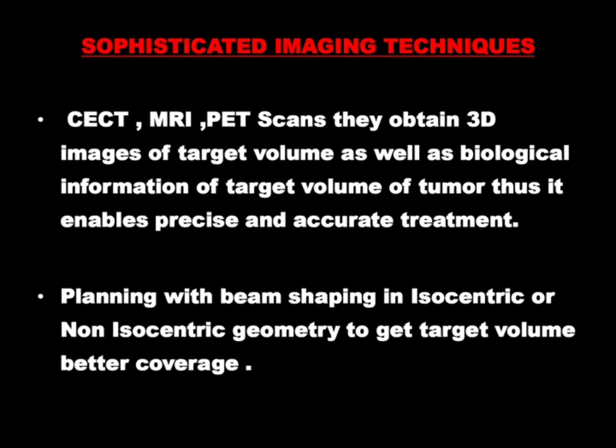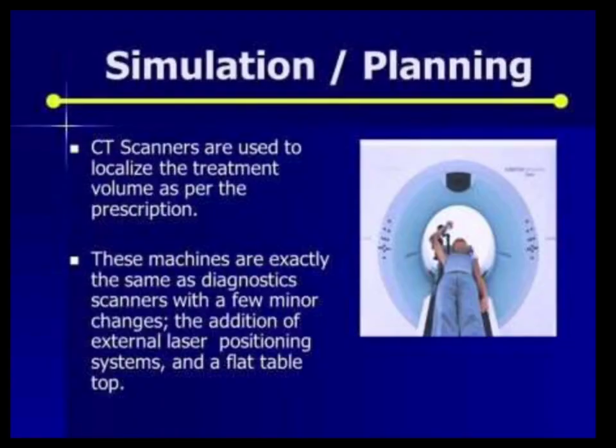That's another term, the beam's eye view. If you put beams, it demonstrates the geometric coverage of the target volume by the beam, and also the shielding and MLC are designed on the beam's eye view.